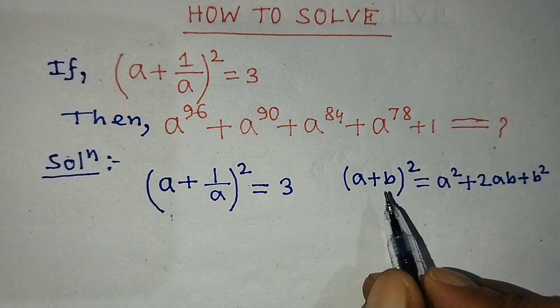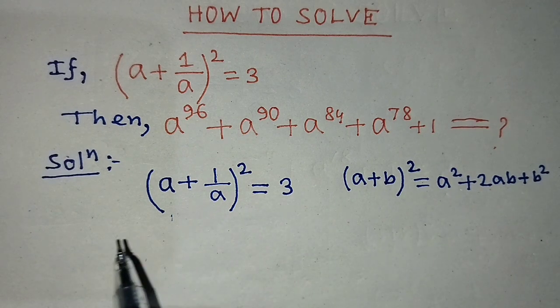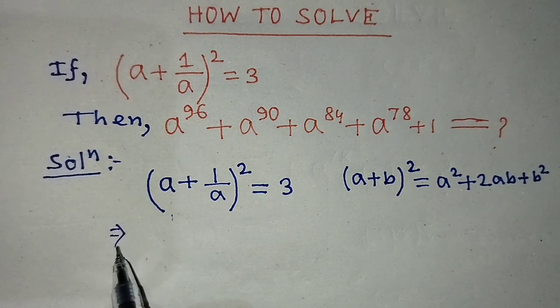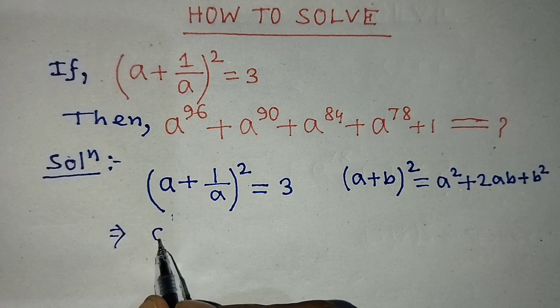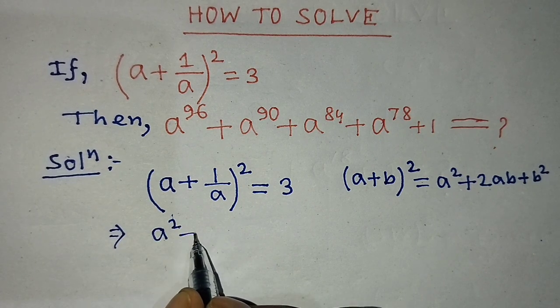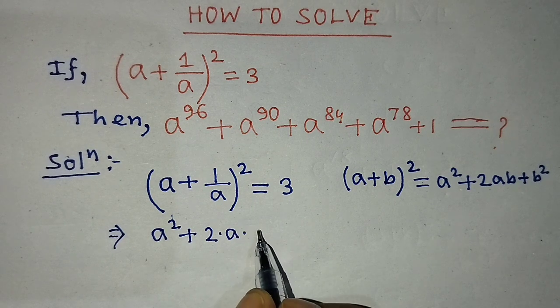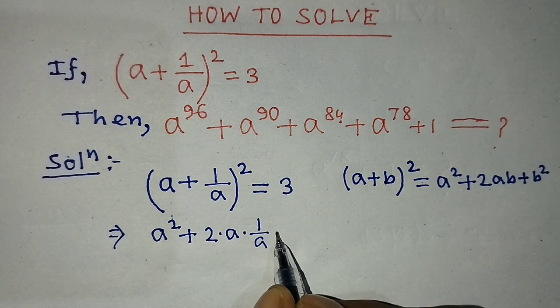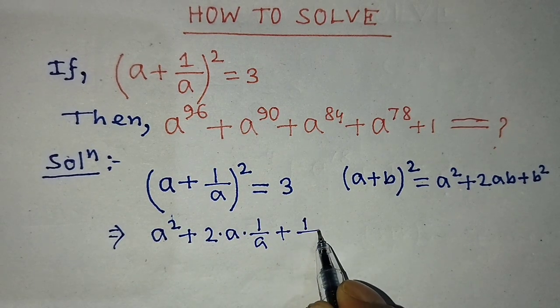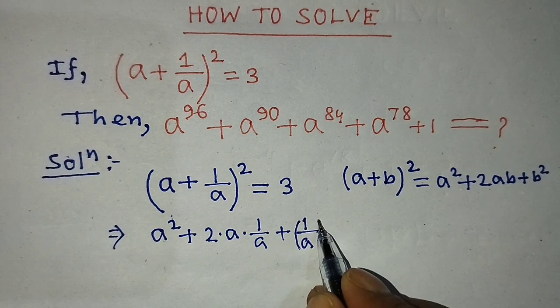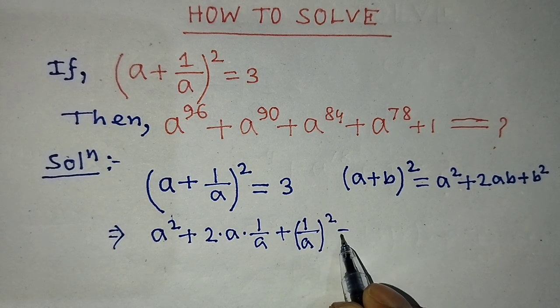After applying this formula on the LHS, the left hand side becomes a square plus 2 into a into 1 over a plus (1 over a) whole to the power 2 is equal to 3.